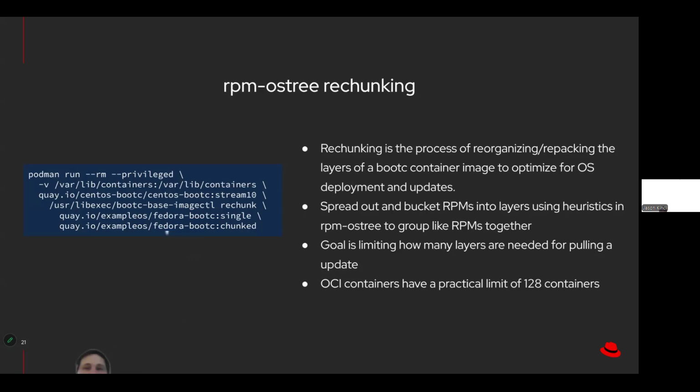So, okay, another interesting piece of our tooling infrastructure. This probably should have been closer to the lint process because it's similar to linting, but it's this idea of rechunking. This is where rpm-ostree comes back to us. We'll see this a little bit in the demo if we have some time at the end. Rechunking is the ability for us to use rpm-ostree to apply some heuristics across the layers of the bootc image, and we will reorder and move around where the RPM files are and what layers they are in, because we know what files go with what RPM.